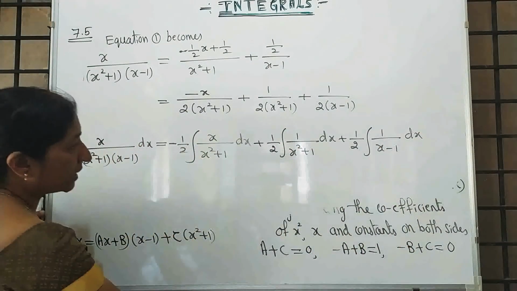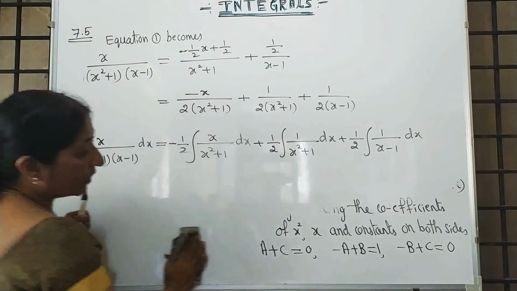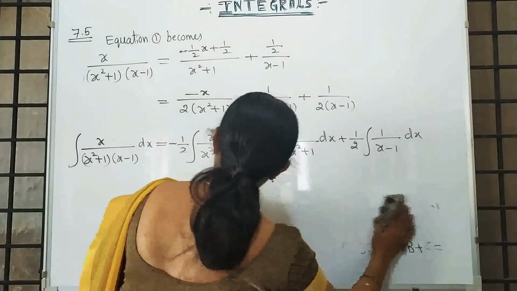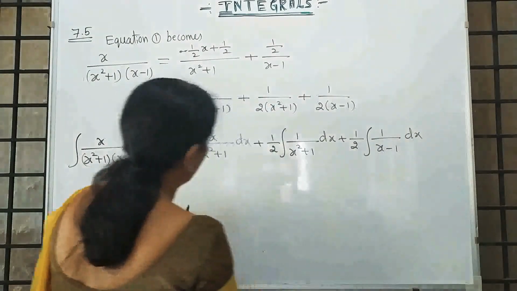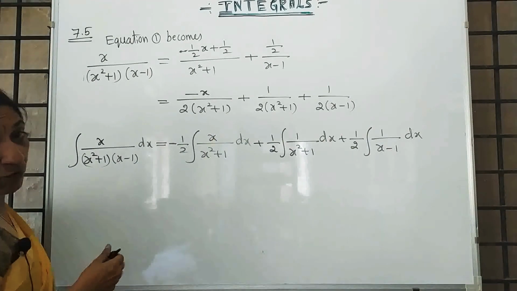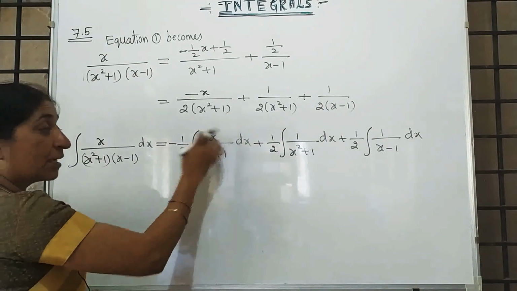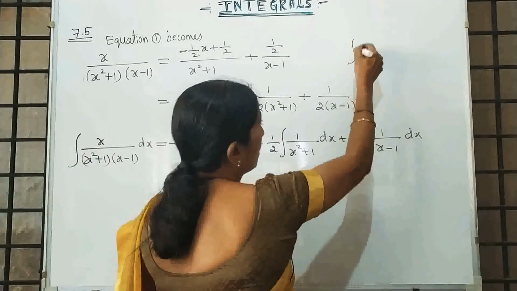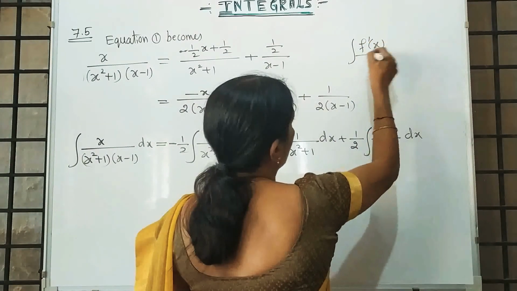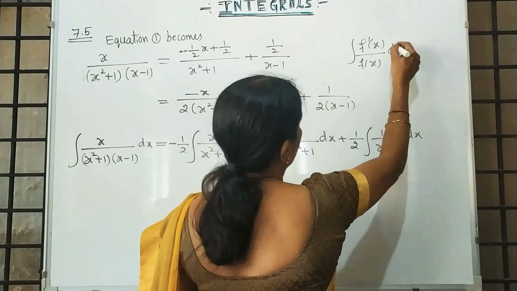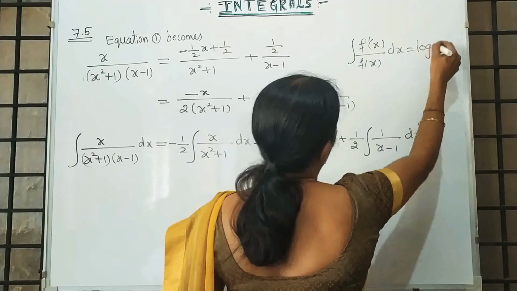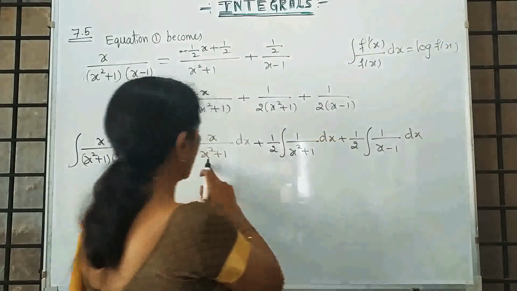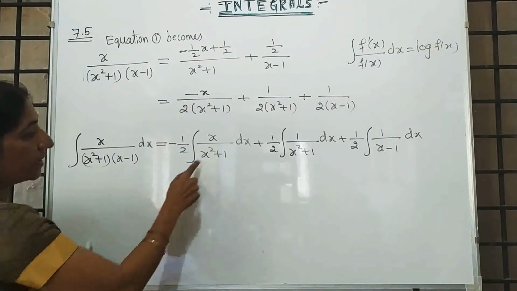See here, the integrations are very simple. When you see the first integration, in the numerator we have an x. Then what formula are you thinking of? It is near to the formula f dash of x upon f of x, and that answer is log of f of x. What is the differentiation of the denominator here?